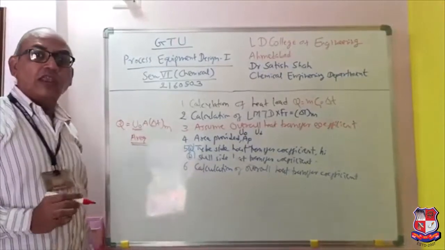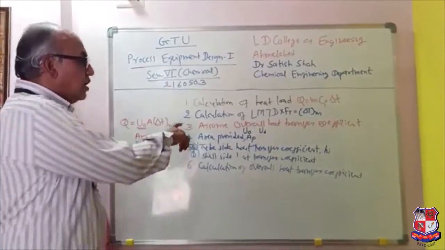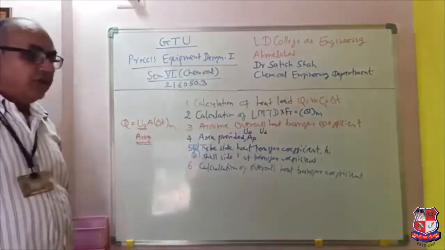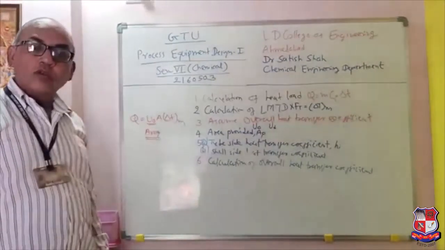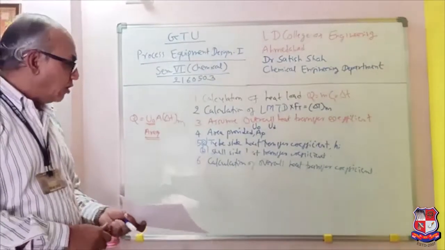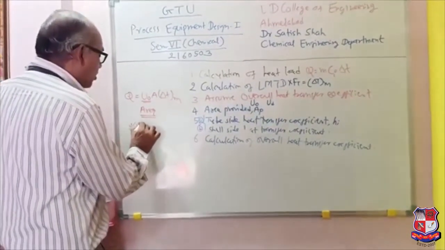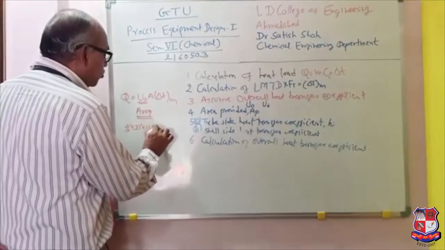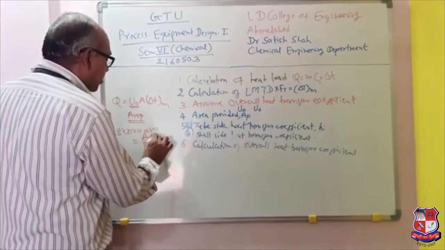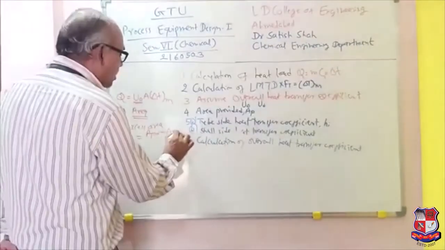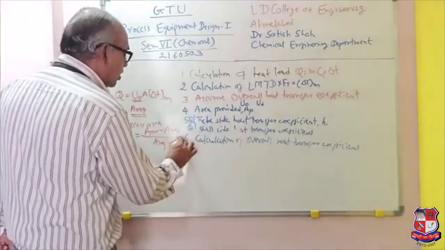Earlier we had the area provided. From that you will calculate the percentage excess area, which is area provided minus area required upon area required into 100.